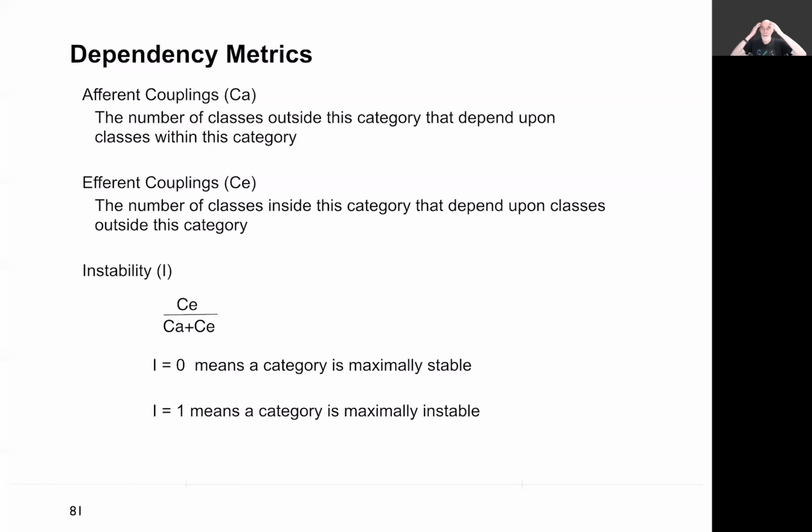So the idea is the more you depend upon things outside your group, the less stable you are, since you depend upon other things.